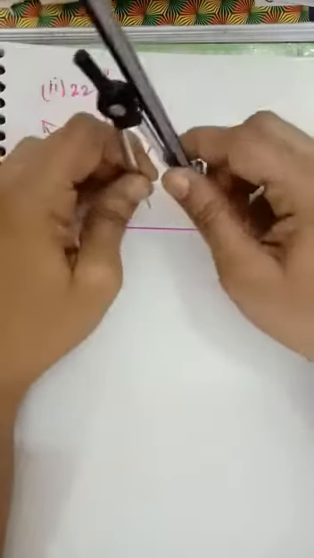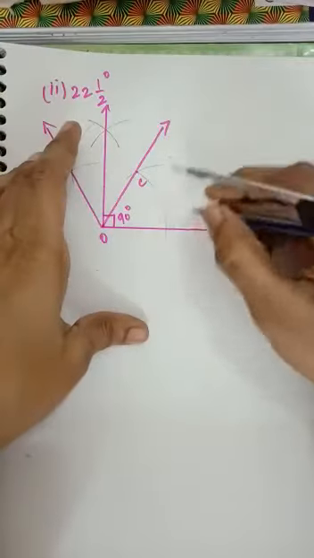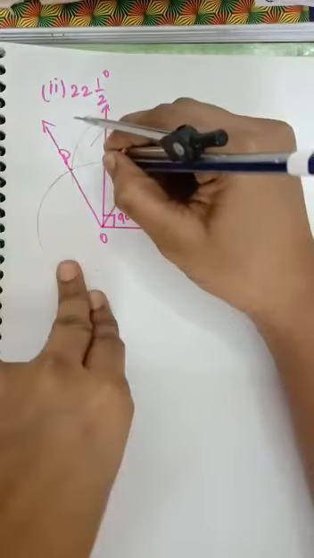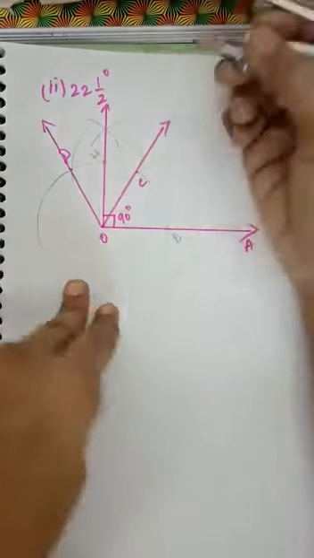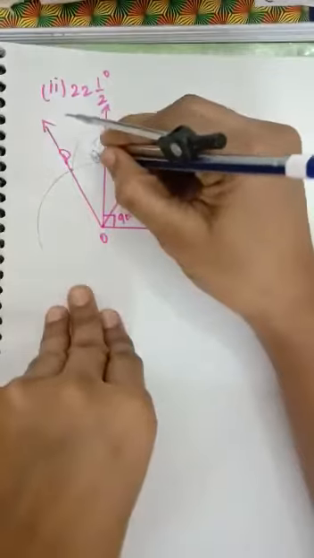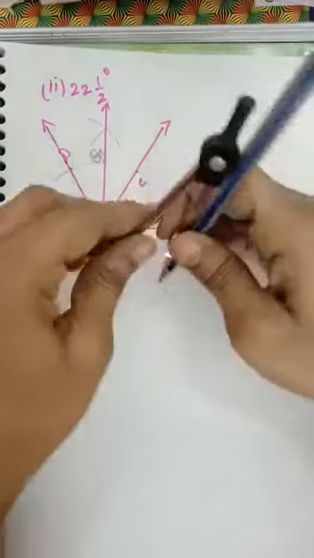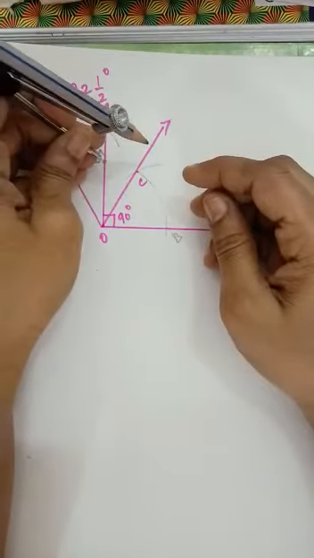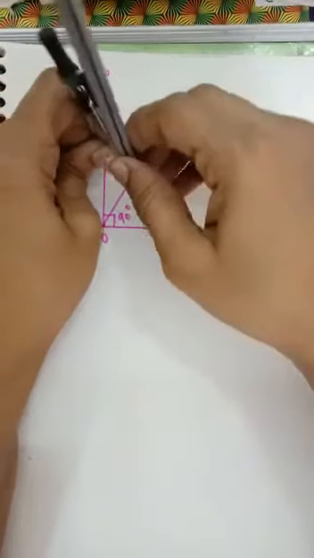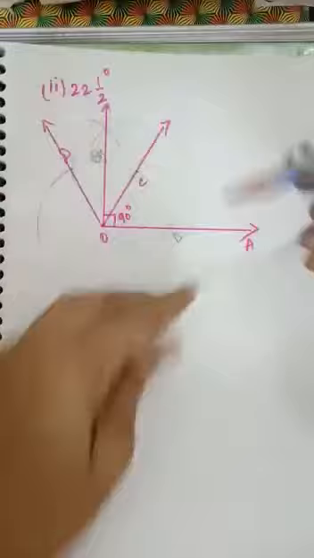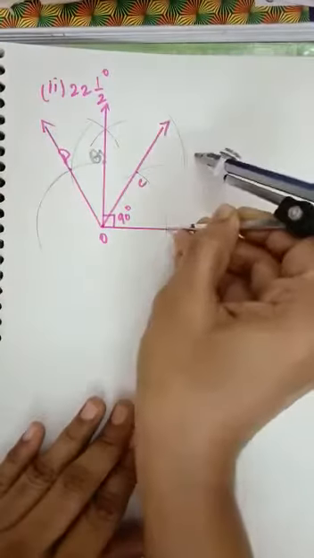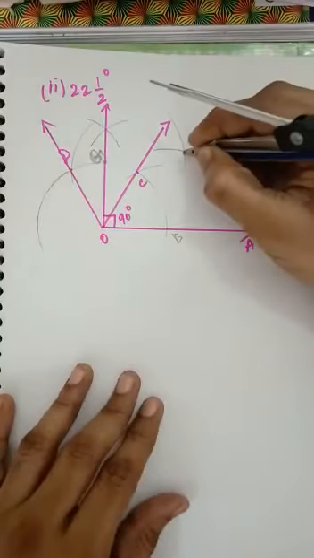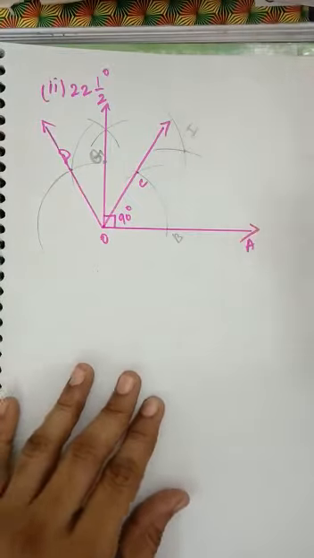Now this is B, this is G. Take more than half. Taking B as center, draw an arc which is intersecting the previously drawn arc. Okay, this is I.